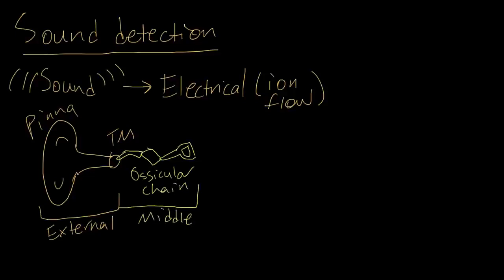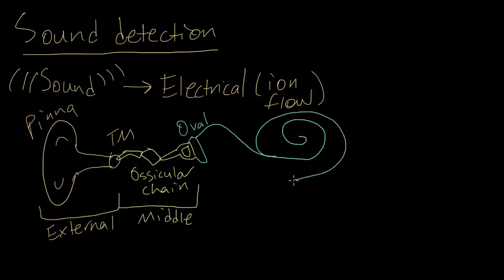And the stapes is connected to a membrane called the oval window. Oval window. And it's a window into a relatively larger organ, though it's pretty small if you actually look at it, called the cochlea. And the cochlea looks like a little snail, and cochlea is Latin for snail.